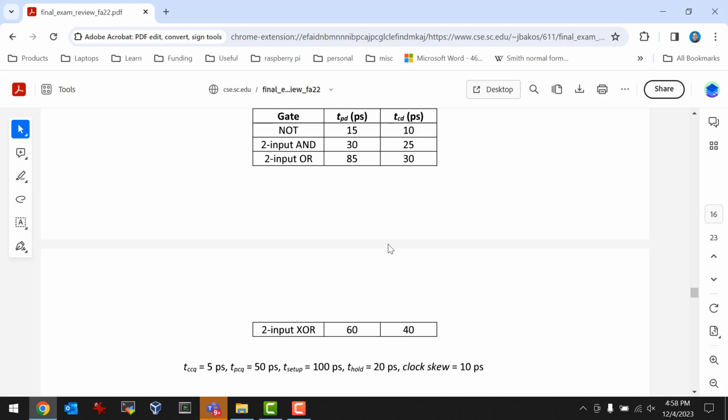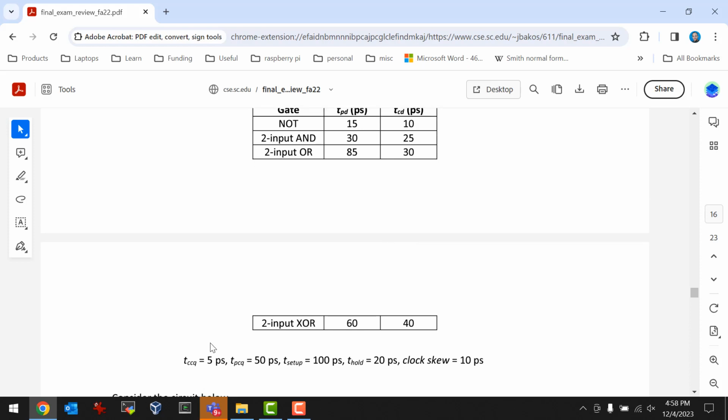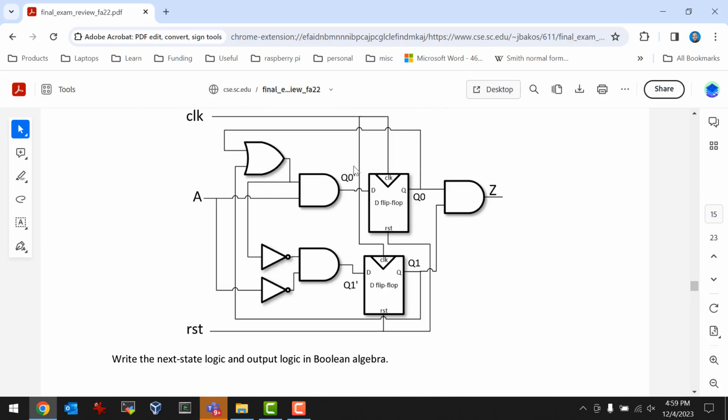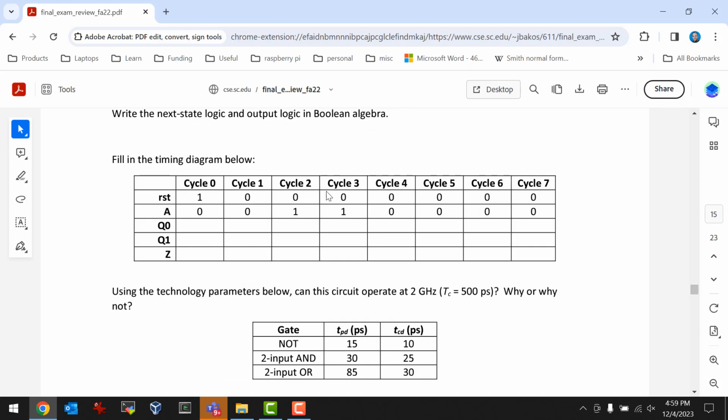What about the hold time? The hold time is the short path. So it's the contamination delay of the flip-flop, which is TCCQ, plus the short path. What is the short path? It's probably just the AND gate, right? Yeah, the AND gate by itself. Contamination delay of the AND gate is 25 picoseconds.